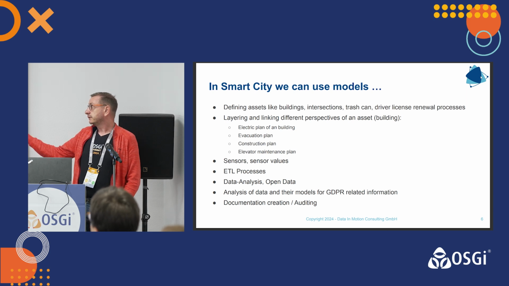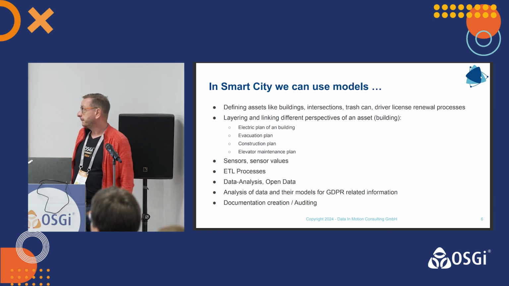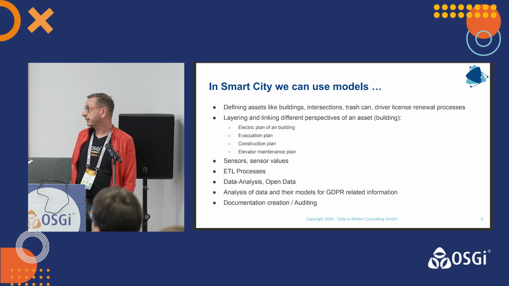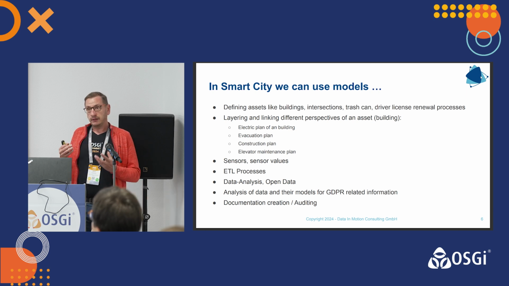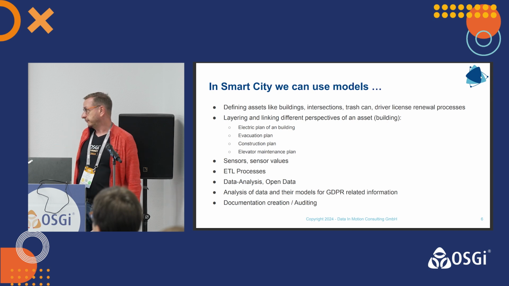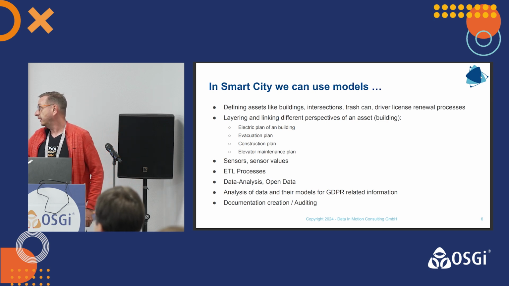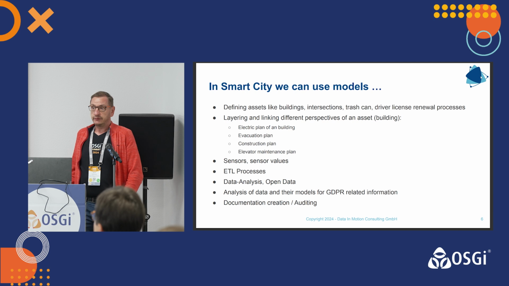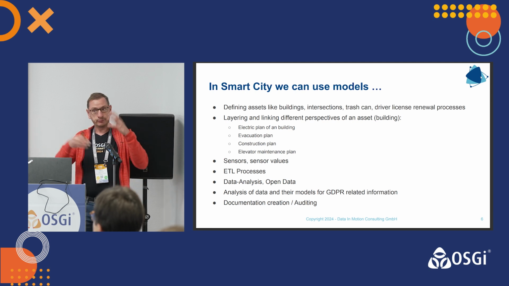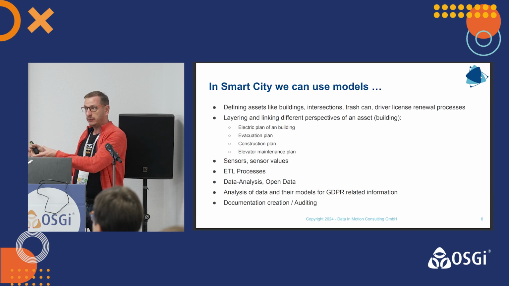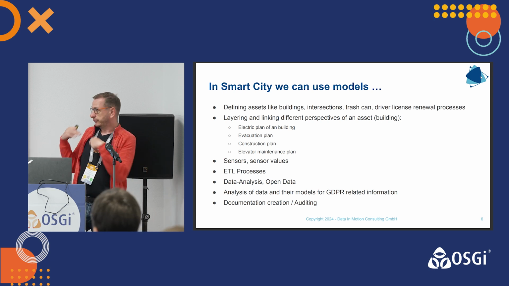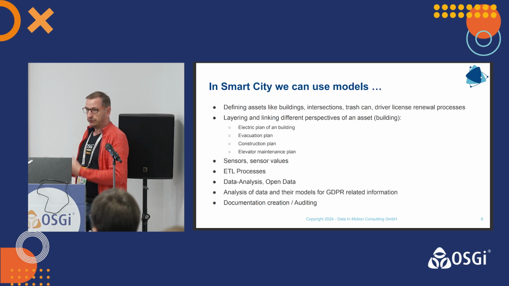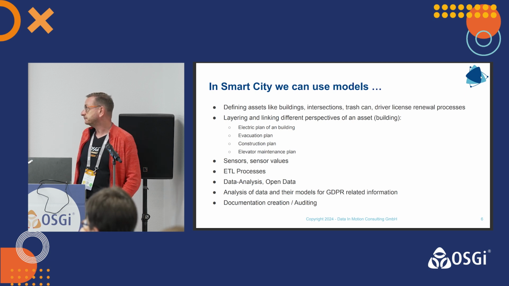For instance, for a building there's an electric plan model, a model for the evacuation plan, the ordinary construction plan, and all these plans talk about the same building. The same applies to an elevator maintenance plan for an elevator within that building. So I can have different models that talk about the same asset basically, but each from its own perspective, with its own attributes, its own definitions, and maybe its own processes.